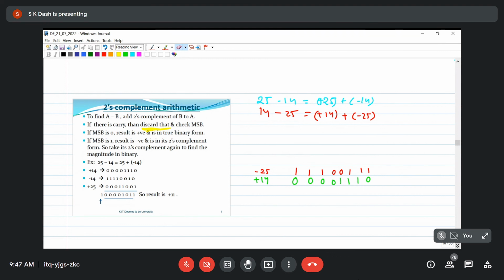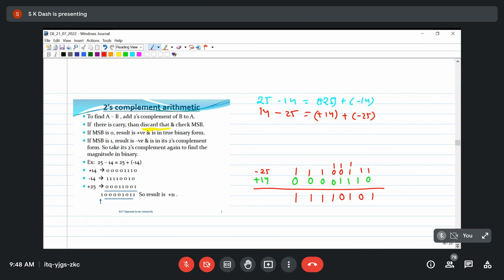Next I need to add them. If I add them, what will I get? 1 plus 0 is 1, 1 plus 1 is sum 0 carry 1, 1 plus 1 plus 1 is 1 with carry 1, again 1 plus 1 is sum 0 carry 1, then 1 plus 0 plus 0 is 1, and so on.